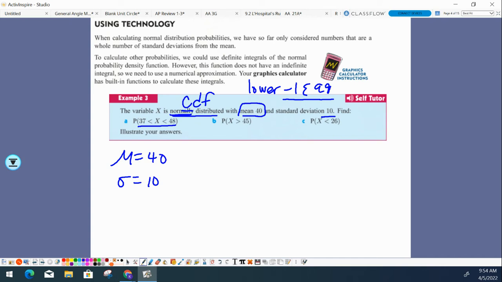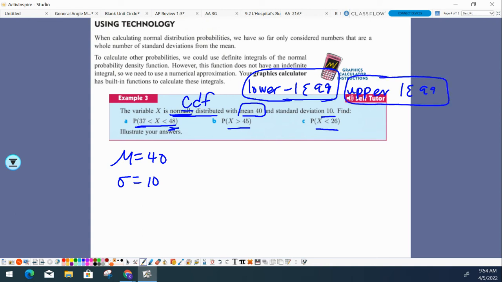So just kind of maybe jot that down. If you want the upper, you don't have an upper value. So notice here we have a lower value and an upper value. Here we don't. So if you need a lower, this is what you would write for your lower. And your upper is 1 E99.